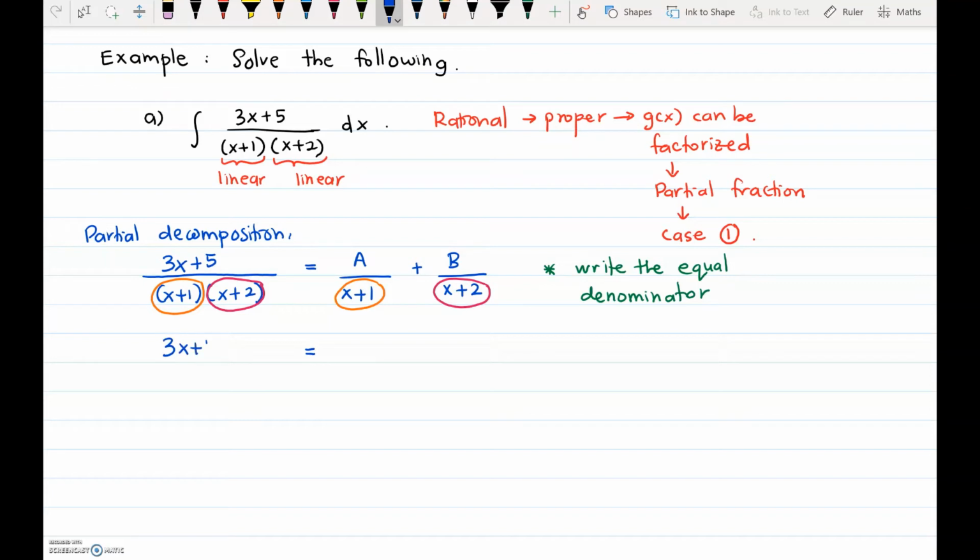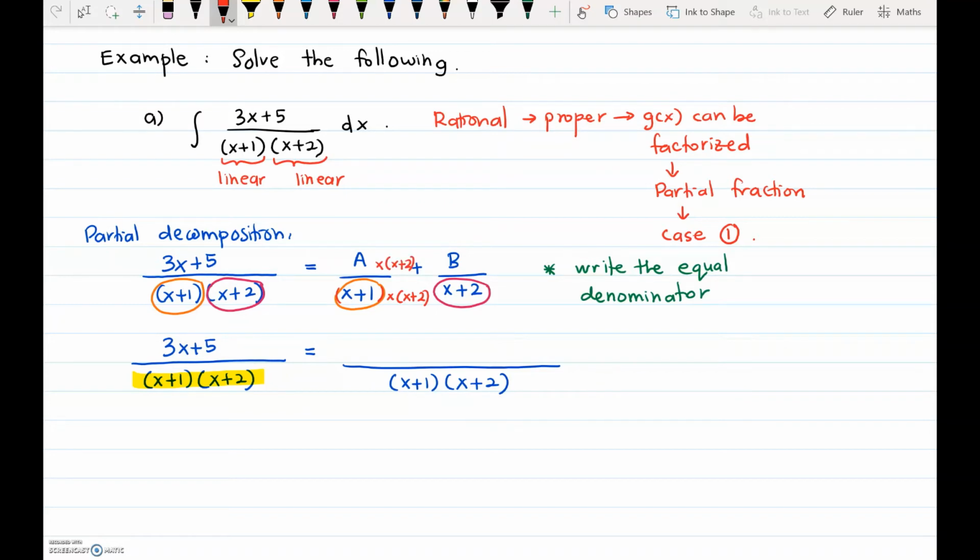So you have here (3x plus 5) over (x plus 1)(x plus 2). Your target is to write the right side with the same denominator as the left hand side. So your denominator should be (x plus 1)(x plus 2). What will be your numerator? For the first term, the denominator is multiplied by (x plus 2), so you have to multiply by (x plus 2) in the numerator as well.